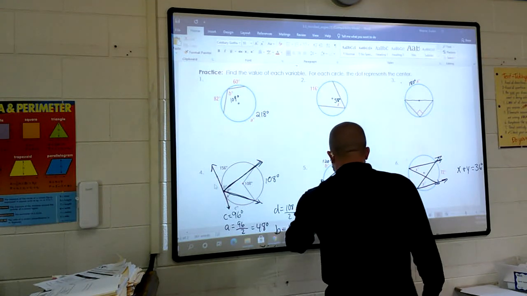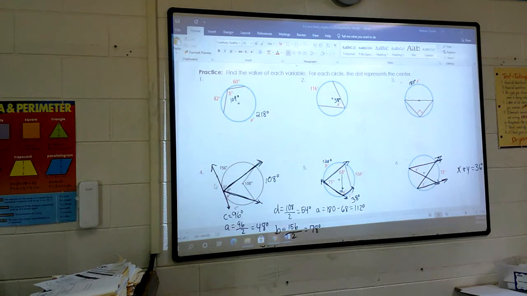So again, there's nothing extremely difficult in the numbers. You've got to get the arcs. Once you get the arcs, you can get the angles. Once you get the angles, you make sure that they match up with the arcs, that it's divided by 2, and everything should work out perfectly as you go through the process of the intercepted arc.